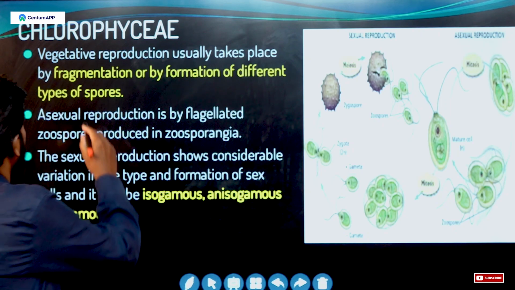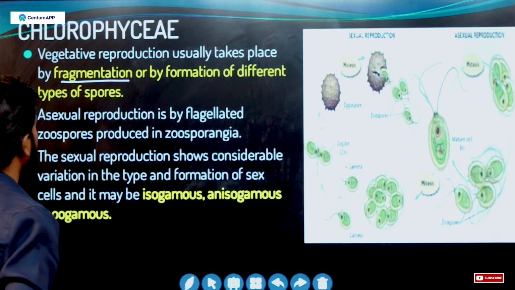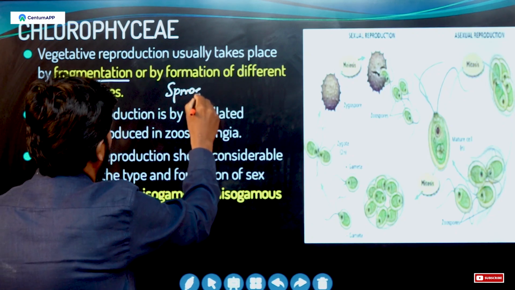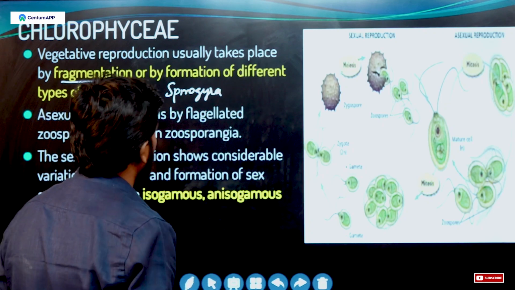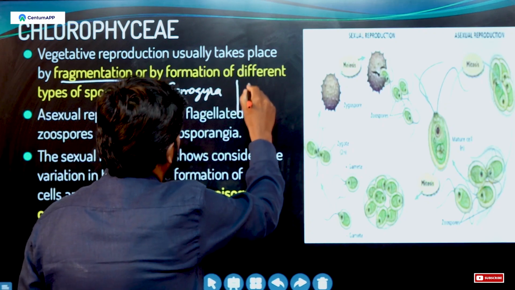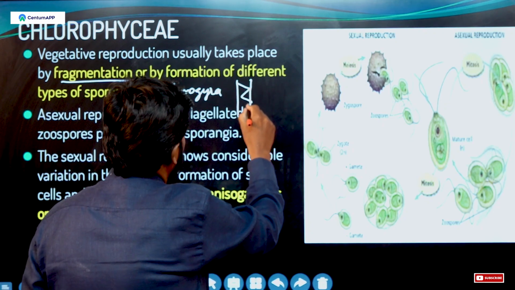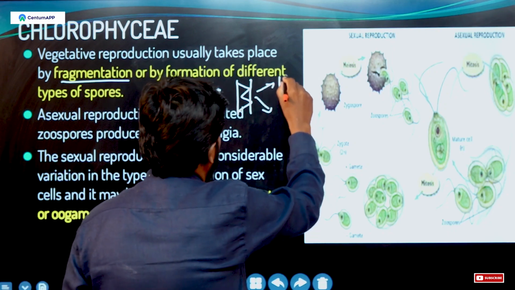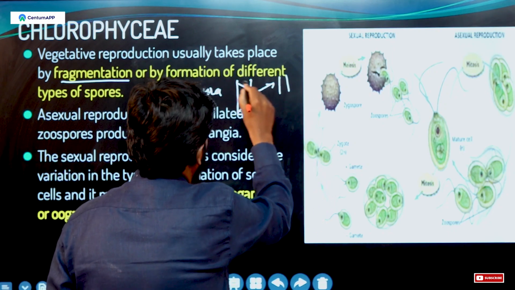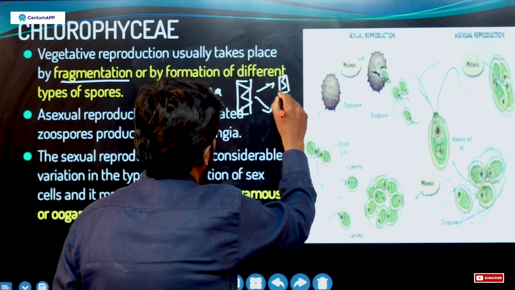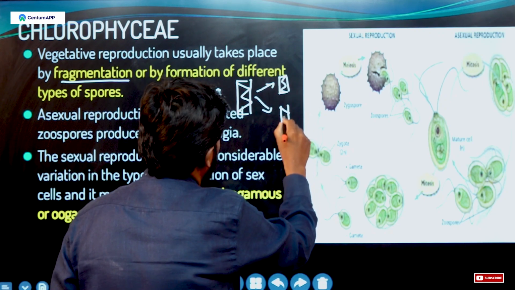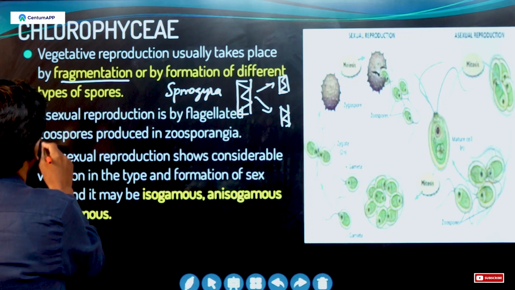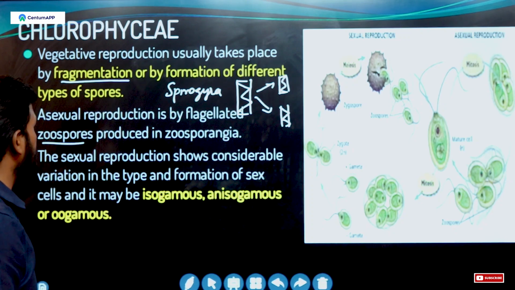In fragmentation, vegetative reproduction occurs mostly in Spirogyra. Spirogyra divides into two daughter cells. That is fragmentation. Then zoospore formation is asexual reproduction.